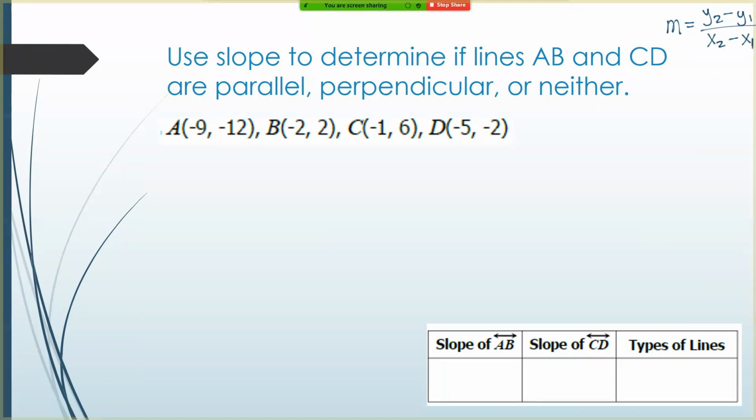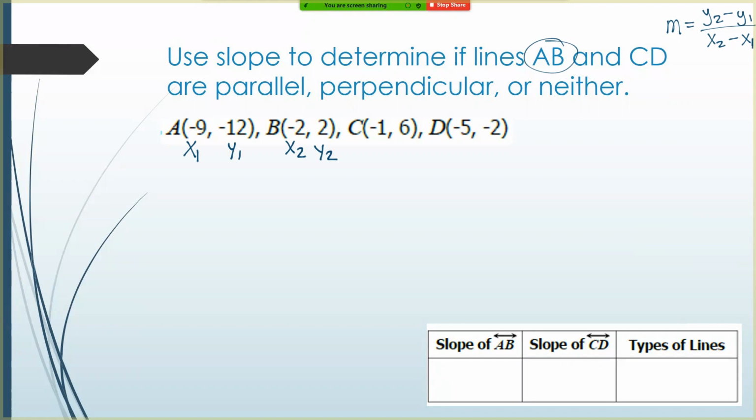You should remember doing this in Algebra 1. So we're going to pair our points together. If we have line AB, I'm going to label it x1, y1, x2, y2. I'm just using those 2 points because they're on the same line together.